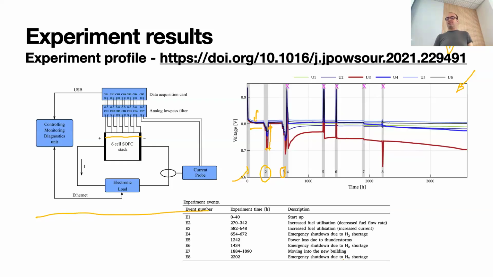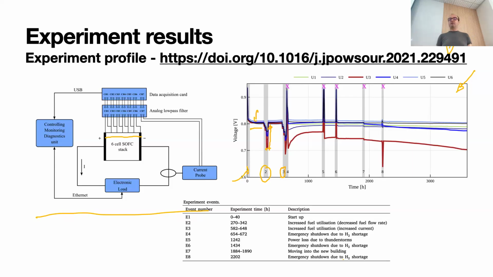We repeated the same steps of using different fuel utilizations, and the team at Grenoble didn't realize that the hydrogen fuel tanks were running empty.